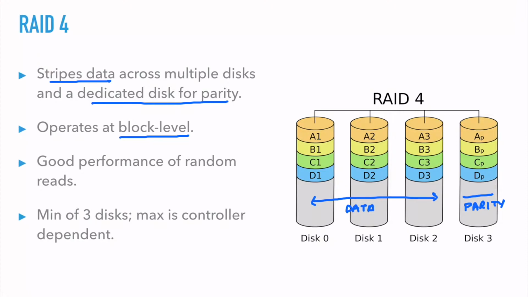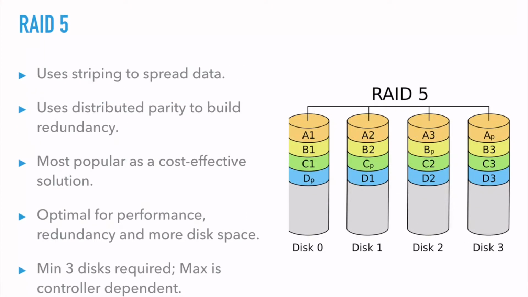So blocks from multiple disks are horizontally picked up to generate the parity bit, and so on. It has a good performance of random reads. So that's another difference between RAID 3 and RAID 4. RAID 4 performs very well for random reads. Minimum of 3 disks are required. Max is controller dependent.